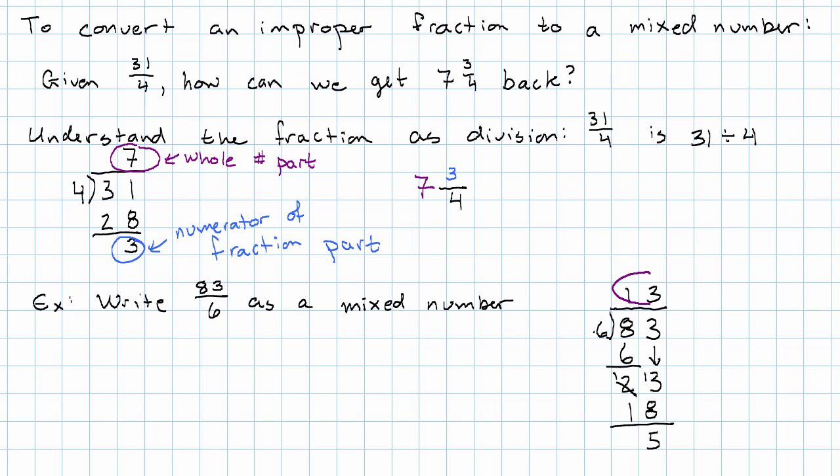So the quotient is my whole number part. The remainder is the numerator of my fraction part. I get that 83/6 is equal to 13 whole things and 5/6.